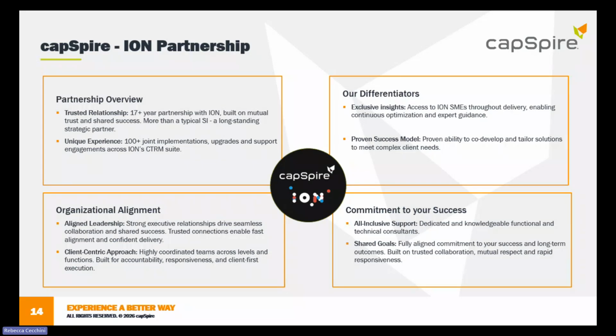Yes. Okay. So CapSpire and ION have been trusted partners for 17 years now. Time has turned professional and personal relationships into this long-standing partnership, and we have over 100 joint projects across the ION suite.